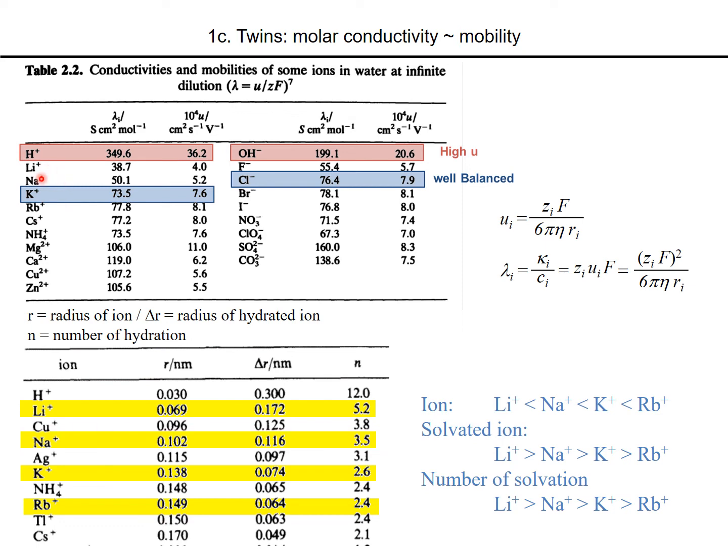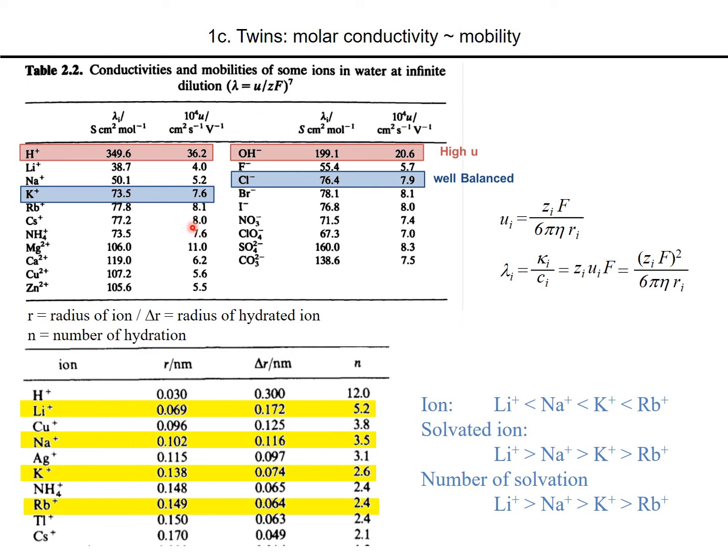Lithium plus, sodium plus, Rb plus, Cs plus. Actually, the size of these ions is increasing from lithium plus to Cs plus. However, you could recognize that the mobility is continuously increasing.